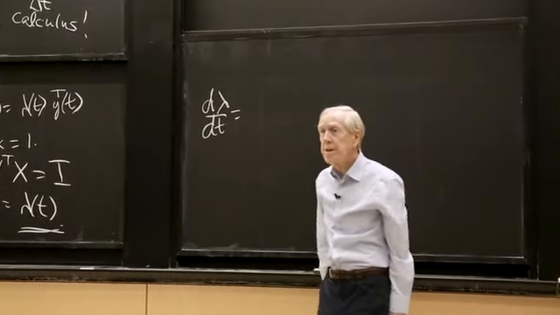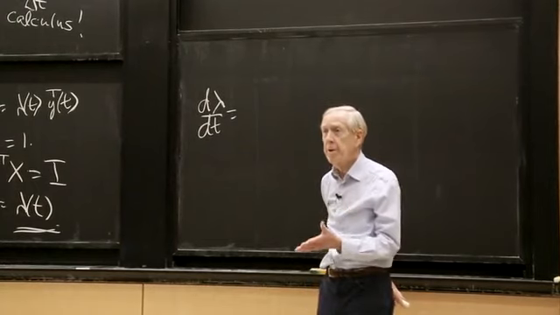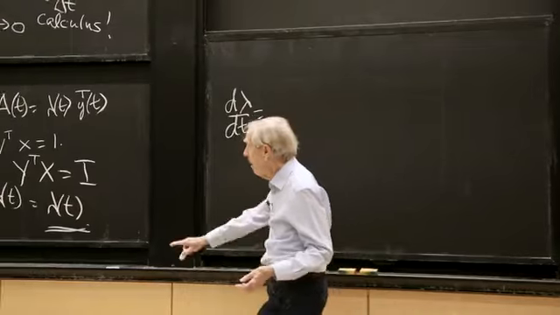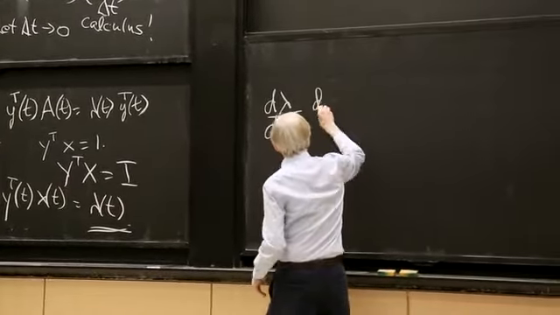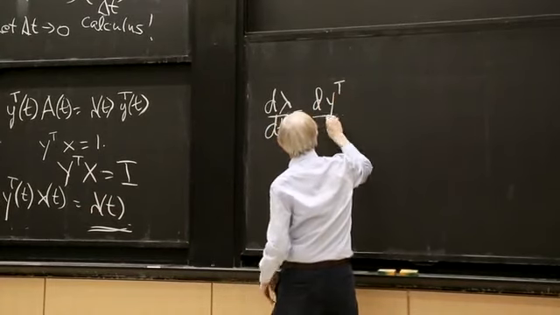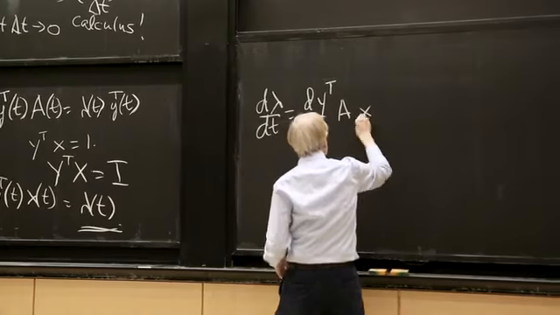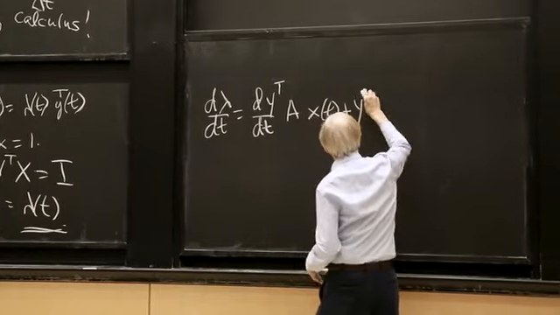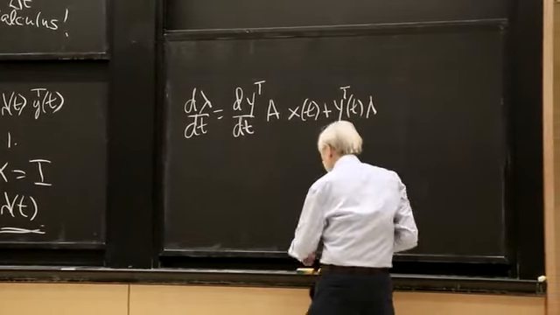So I've got three things that depend on t, and I'm taking the derivative of their product. So I'm going to use the product rule, right? I'll apply the product rule to that derivative. Take the derivative of the first guy times A times x. Take the derivative of the second guy times the second guy.